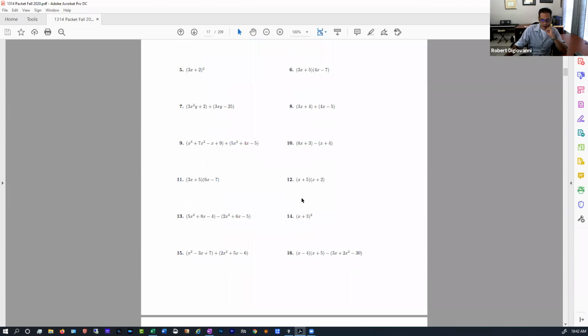I think you might have a little bit of a problem with number 16. My hint to you on 16 would be to do that multiplication first, and then after you do that multiplication, then do your subtraction. But the rest of it, you should be able to use what we did today.